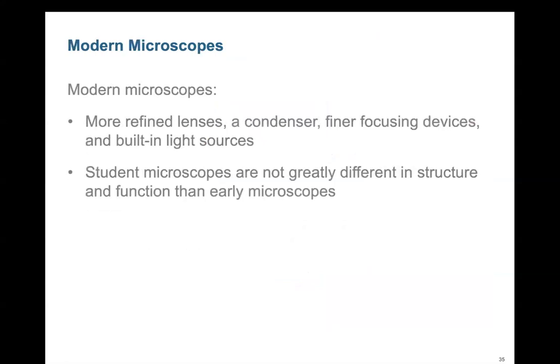Your more modern microscopes have more refined lenses, a condenser, finer focusing devices, as well as built-in light sources or other energy sources that are used. Typically, student microscopes are not greatly different in structure and function than the early microscopes. The basic standard light microscope is what it was 400 years ago. But, you know, it works. Light does have its limitations.